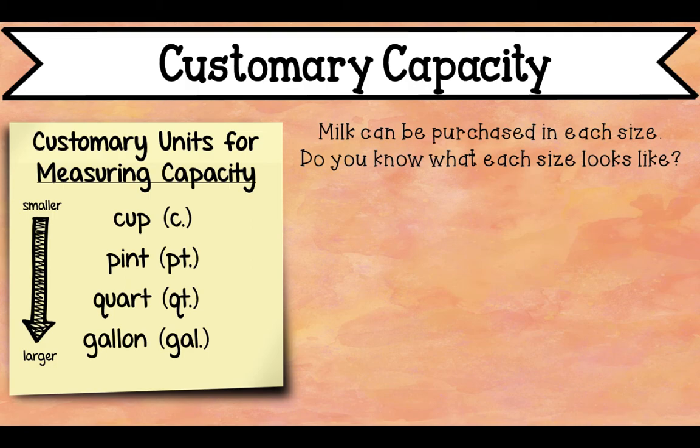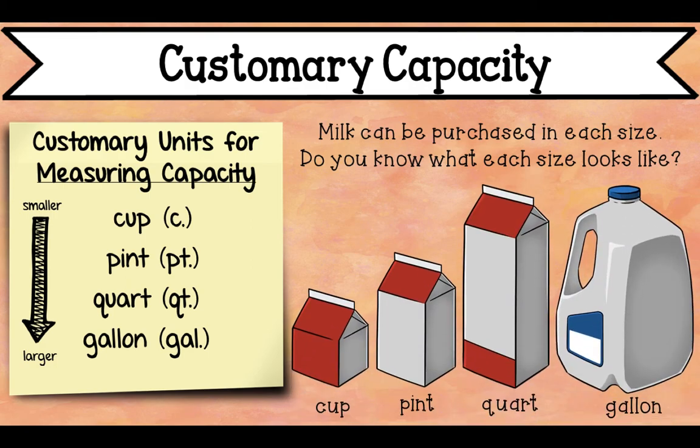And here's a picture of what they all look like. If you notice the cup carton that's right here, you notice that sometimes when the cafeteria doesn't have the plastic milk bottles, you sometimes get a carton of milk that looks similar to what you see in this cup picture.